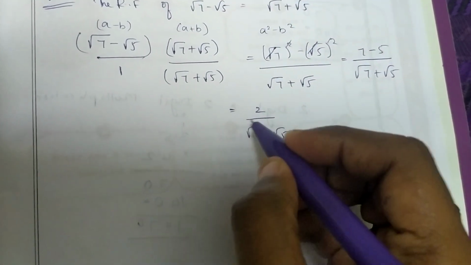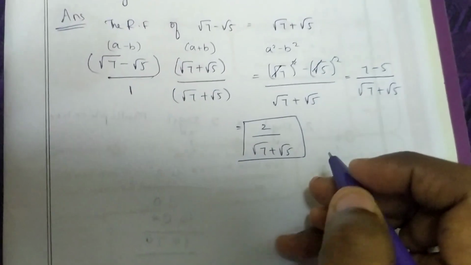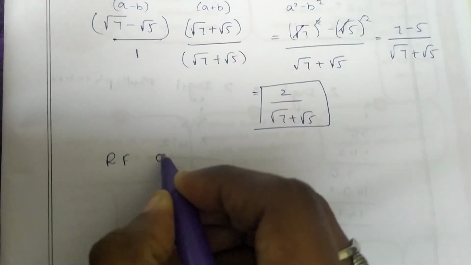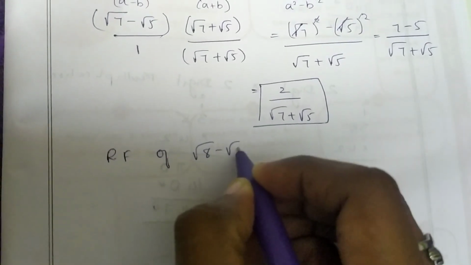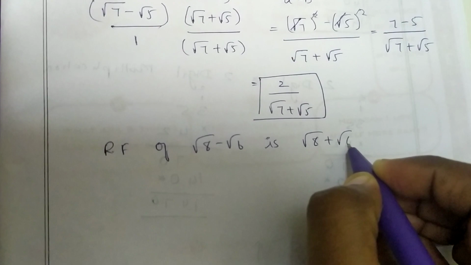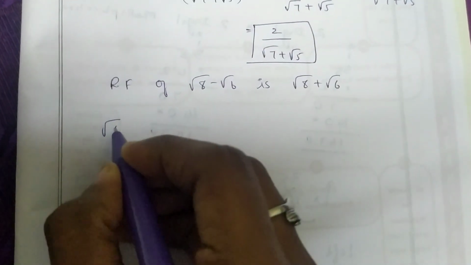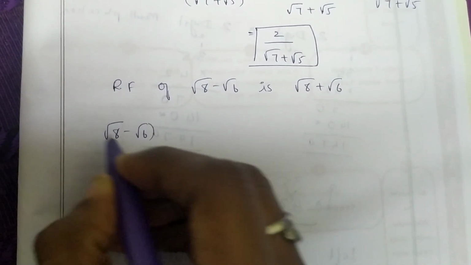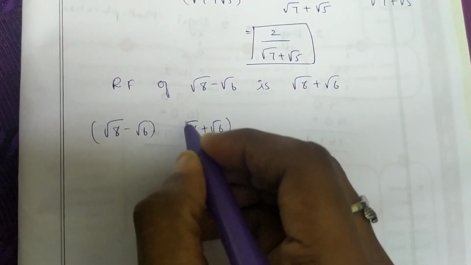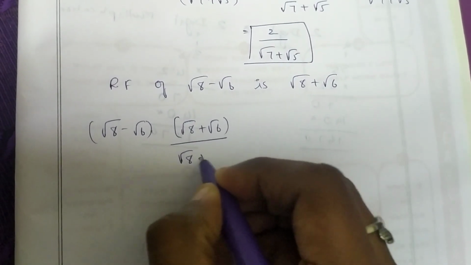Consider this, and then take the other number. The rationalizing factor of root 8 minus root 6 is root 8 plus root 6. So root 8 minus root 6 into root 8 plus root 6, divided by root 8 plus root 6.